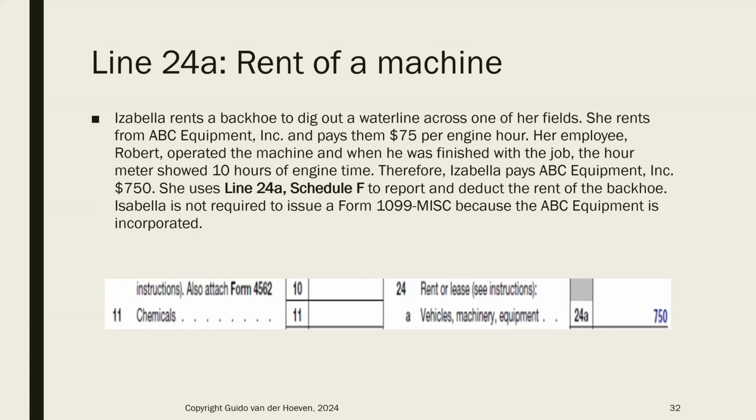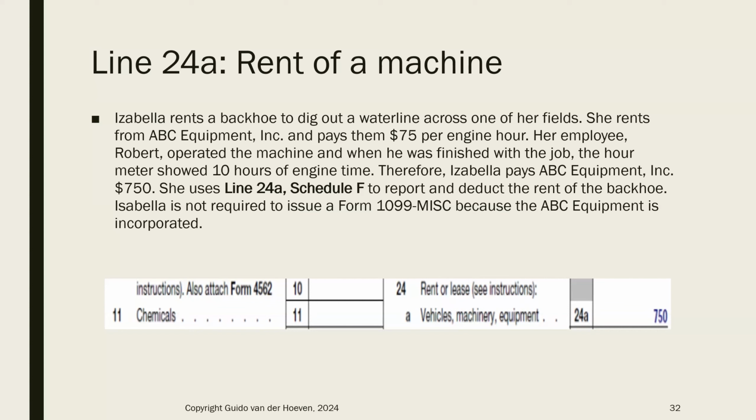Now here's another one. You got Isabella, and this may be more applicable to some of the folks on the call. So Isabella rents a backhoe to dig out the water line. Now she rents it from ABC Inc. and she pays $75 an engine hour. Now her employee, Robert, operates the machine, and when he's finished with that particular job, the hour meter has showed 10 hours of engine time that was consumed by Isabella.